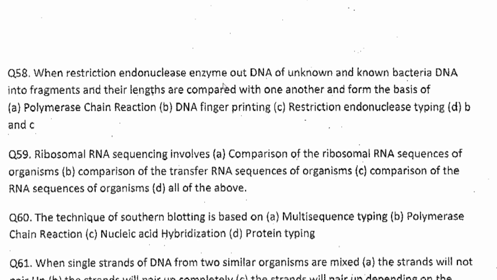Restriction enzymes are enzymes used to cut restriction sites so that new genes can be incorporated during biotechnology, genetic engineering. And polymerase chain reaction is just used to make multiple copies of a particular DNA. DNA fingerprinting, restriction endonuclease typing. The answer here is actually restriction endonuclease typing.